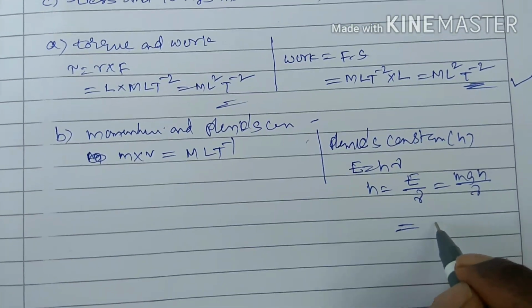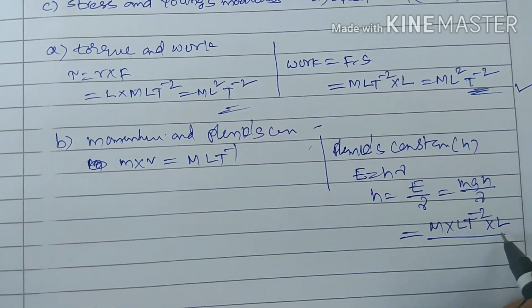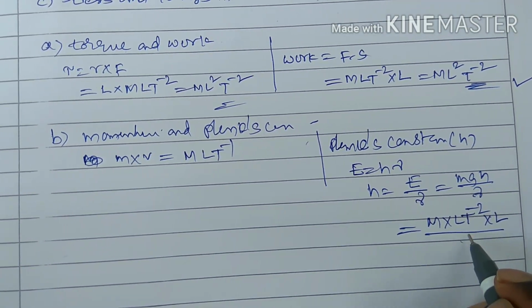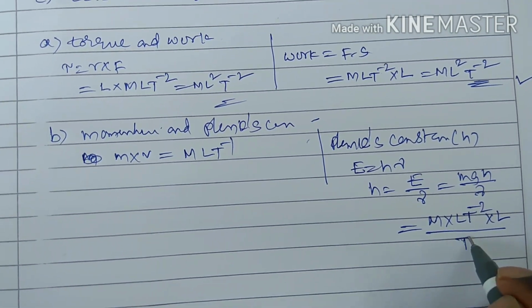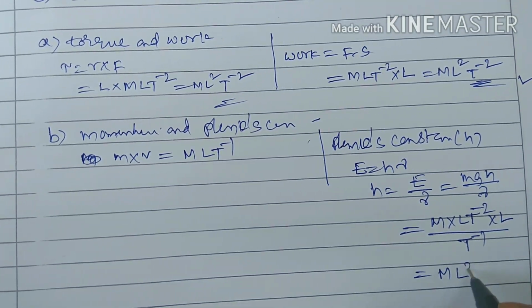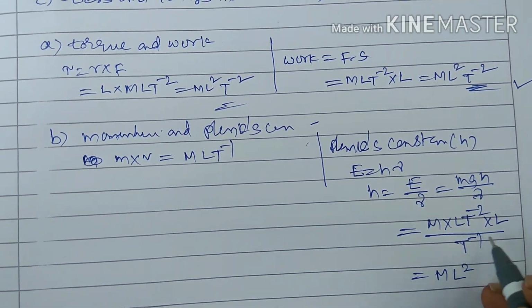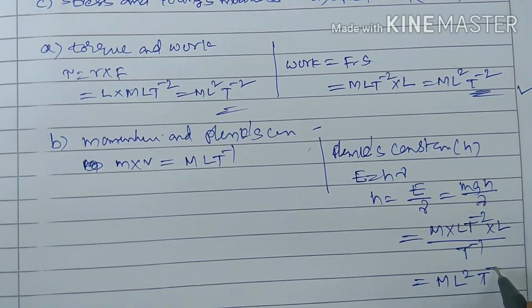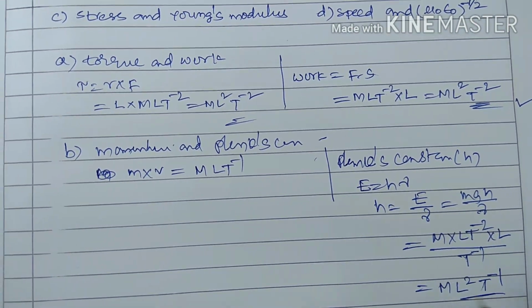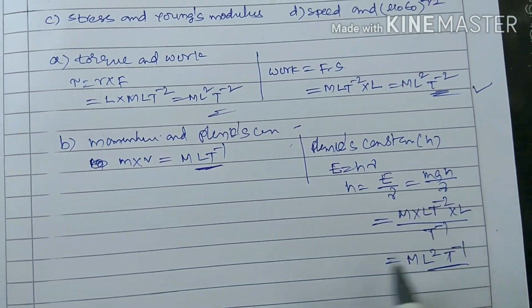It can be written as M L T^-2 into L, whereas frequency is 1 by time, that is time inverse. So it can be written as M L^2 T^-2 times T, that is M L^2 T^-1, versus M L T^-1. So these are different terms.